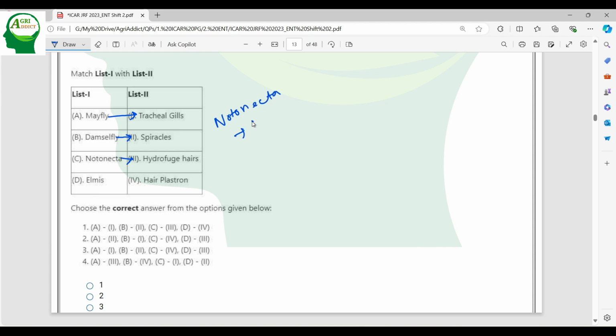Notonecta is a hemipteran insect. It is also known as back swimmer, and they have hydrofuge hairs. And finally, the Elmis. Elmis is a beetle of the family Elmidae.